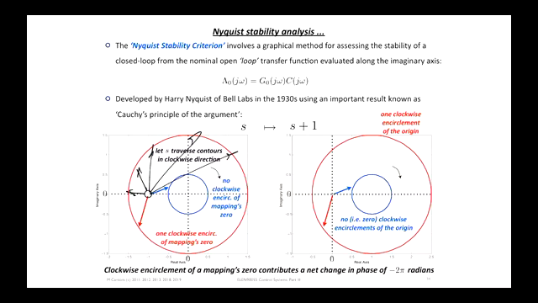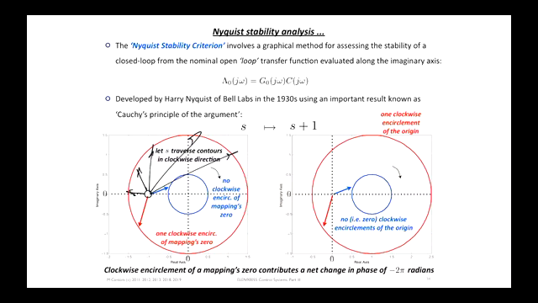The phase starts off at pi, and then when we evaluate it here, it's an angle less than pi. As we keep going around, the angle keeps decreasing. When we get to this point here, the angle of the little vector is 0, and as we keep going around, the phase keeps decreasing and we get to minus pi.